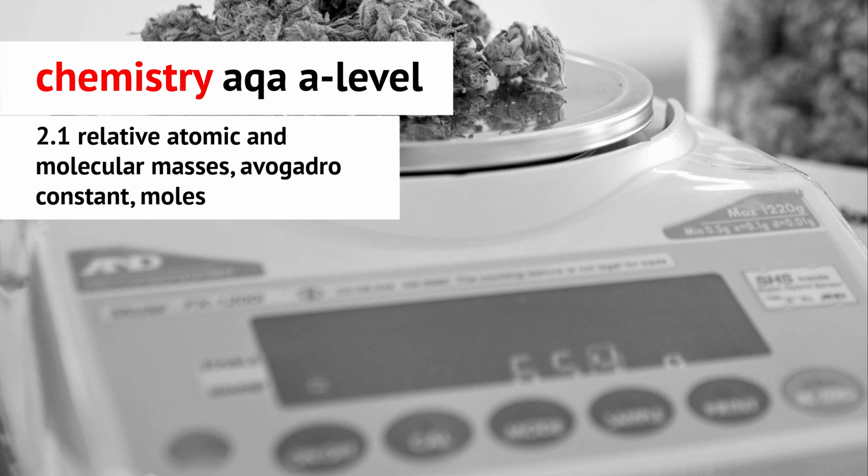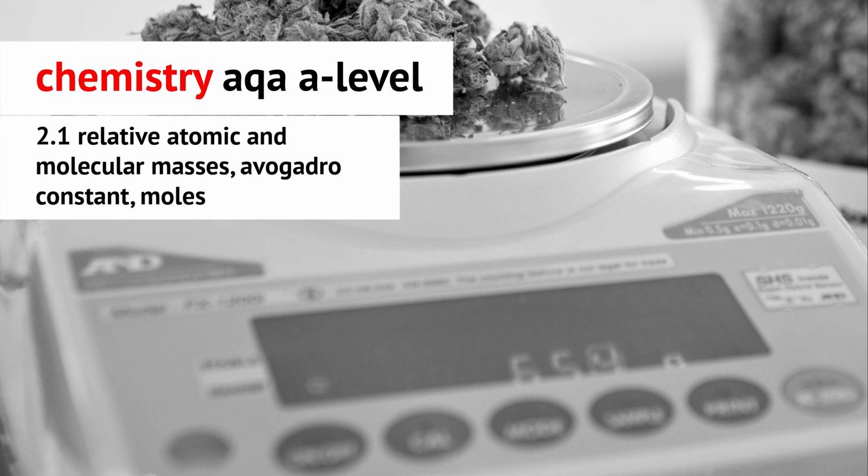The same logic applies to molecules. Water, H2O, has a relative molecular mass, Mr, of 18. So, one molecule of water is 18 times heavier than one atom of hydrogen. Therefore, 18 grams of water contain the same number of molecules as there are atoms in 1 gram of hydrogen. A molecule of carbon dioxide is 44 times heavier than an atom of hydrogen.